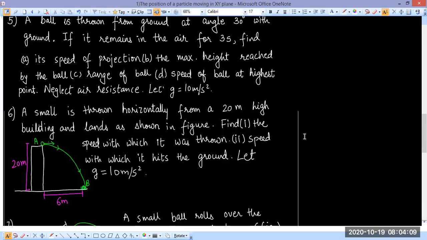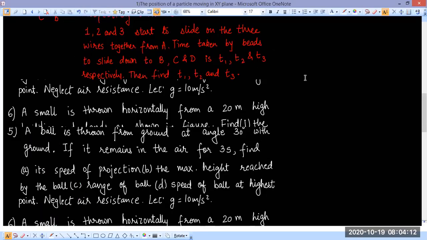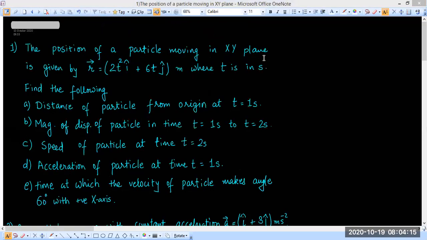Okay, so it looks like almost everyone is here. Let's start. So we are going to solve these homework questions, right? How many of you have submitted your homework already?